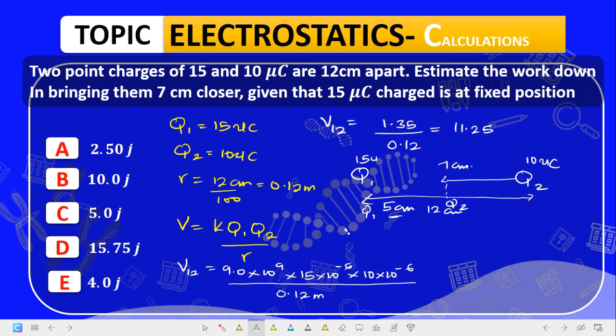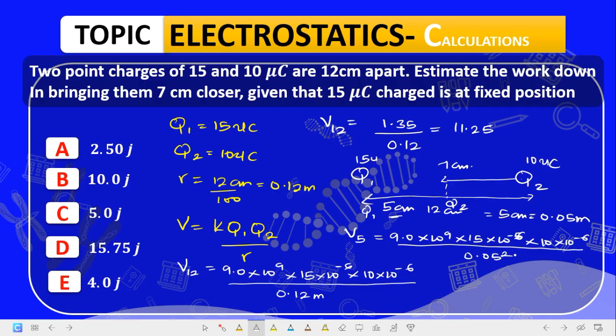So we can say V of 5 centimeter will be equal to, now 5 centimeter to meter, the distance will be 0.05 meter, and this will be 9.0 times 10 raised to the power of 9 times 15 times 10 raised to the power of minus 6 times 10 times 10 raised to the power of minus 6 divided by 0.05. Okay, this is not squared, so let's remove the square.